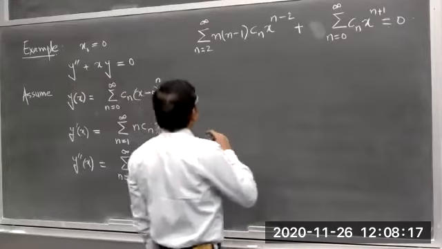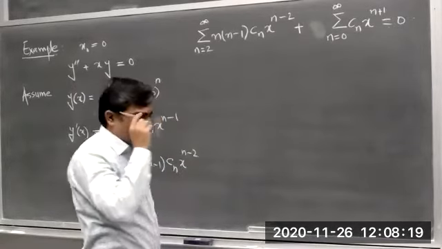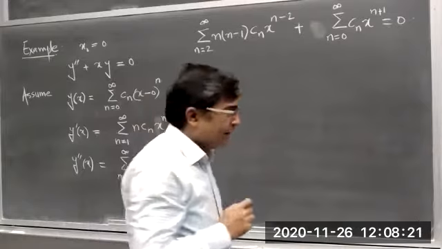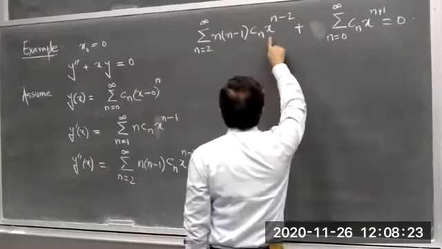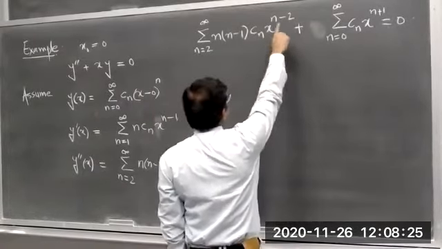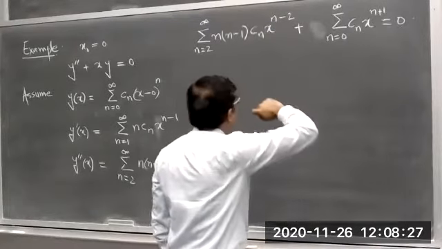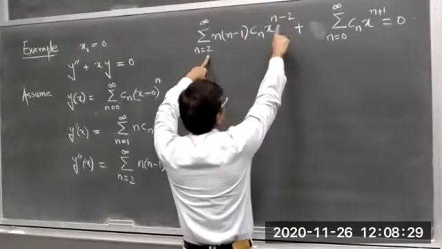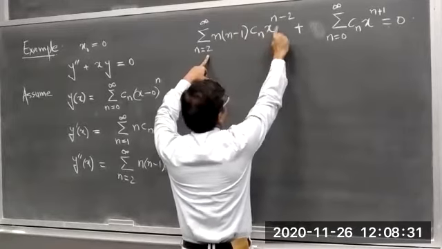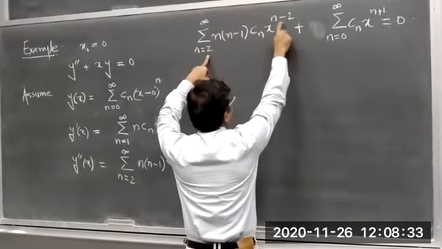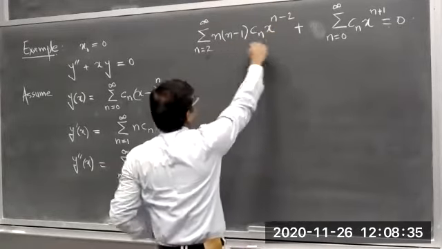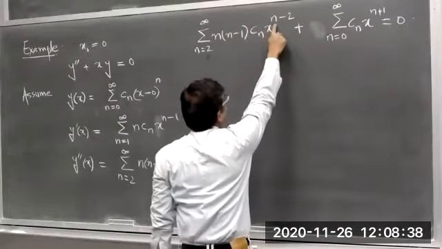The first thing which you should observe here is whether each series starts with the same power of x. Now, if we put here 2, what will be the power of x here? 2 minus 2, 0. So this series starts from x power 0.